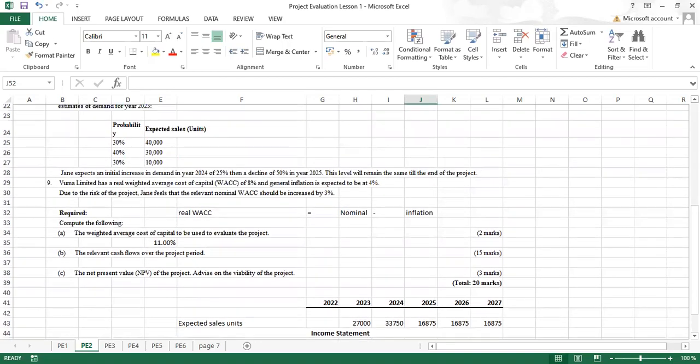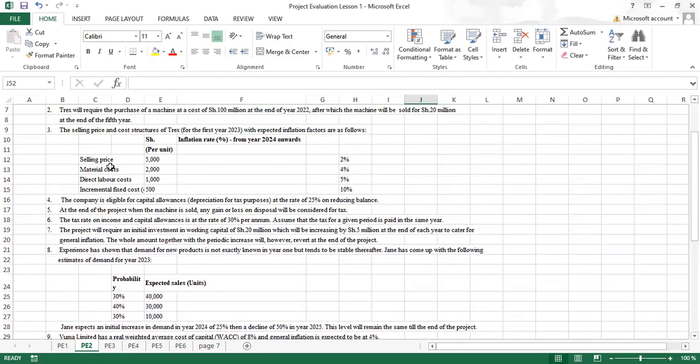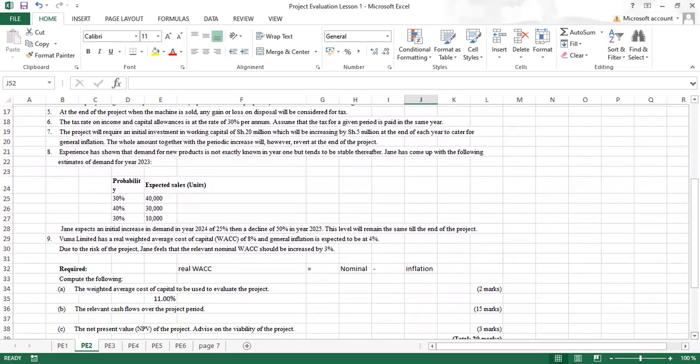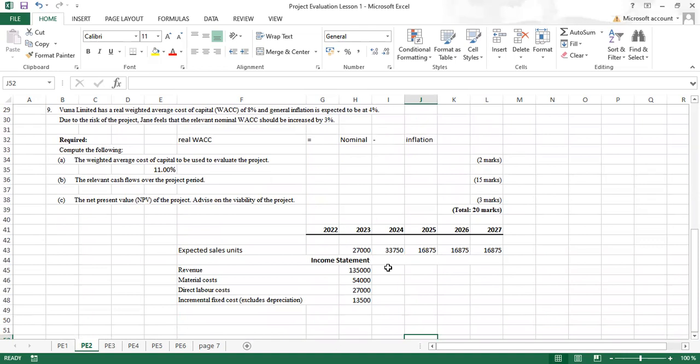So we've been told about inflation. For the selling price, the inflation is 2, 4, 5, and 10, so that's how it will be growing. So 2024 equals 2023 times 1.02.